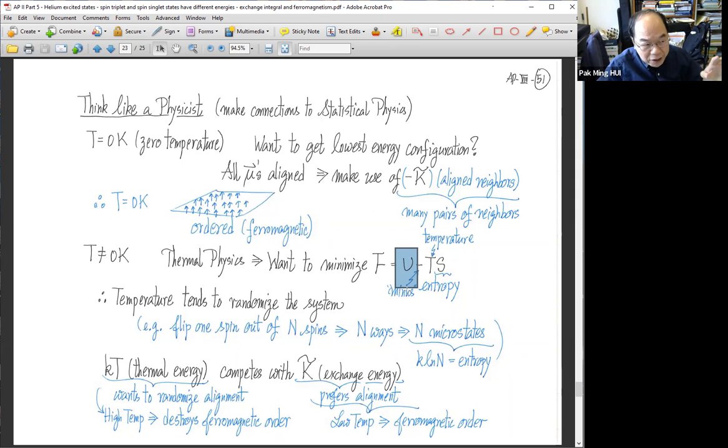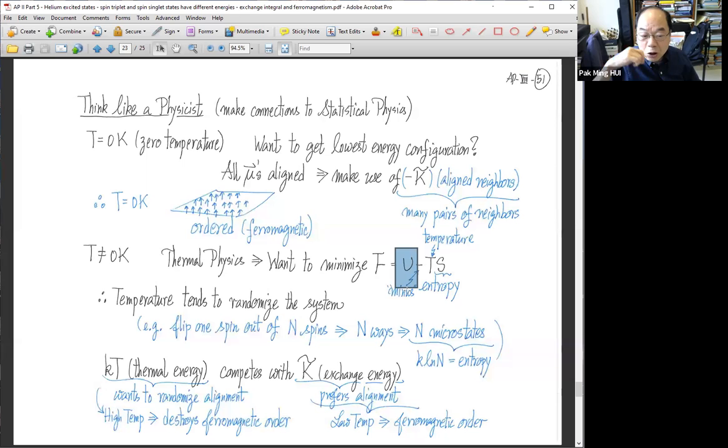Nonetheless, the majority is still going up. You still have a net magnetization. When you increase the temperature bit by bit higher and higher, this flipping will occur in more and more spins. Therefore, the net magnetization tends to drop.